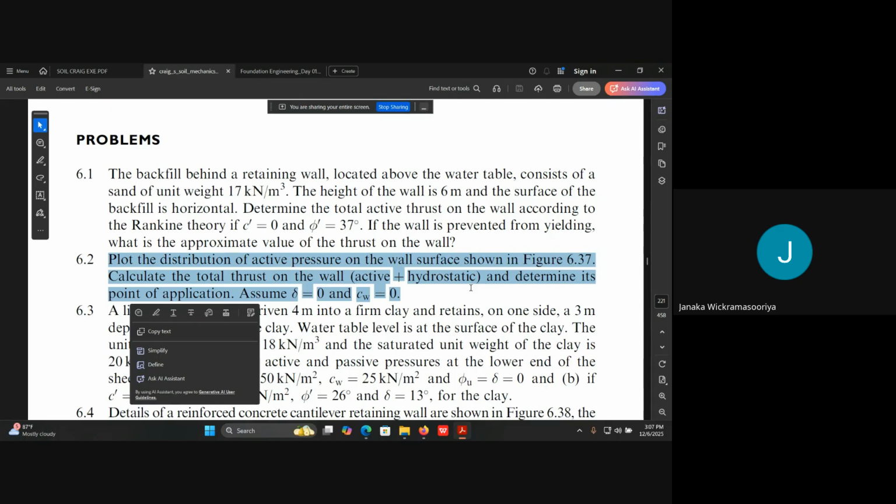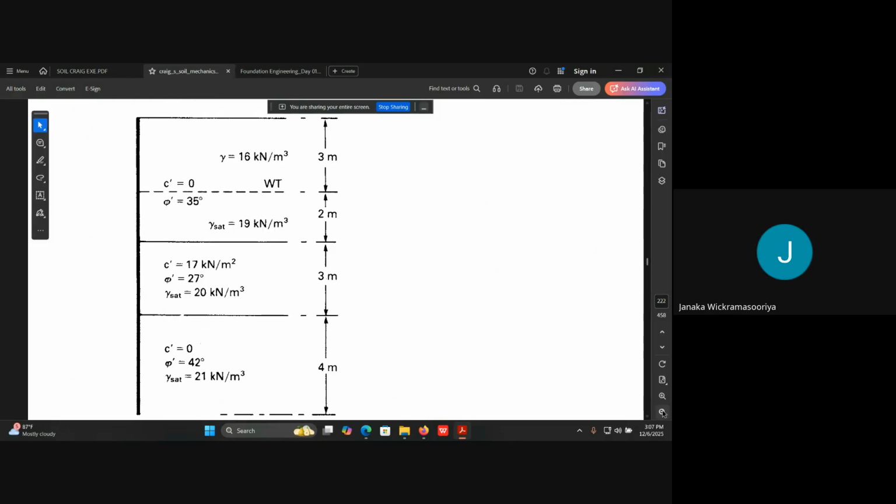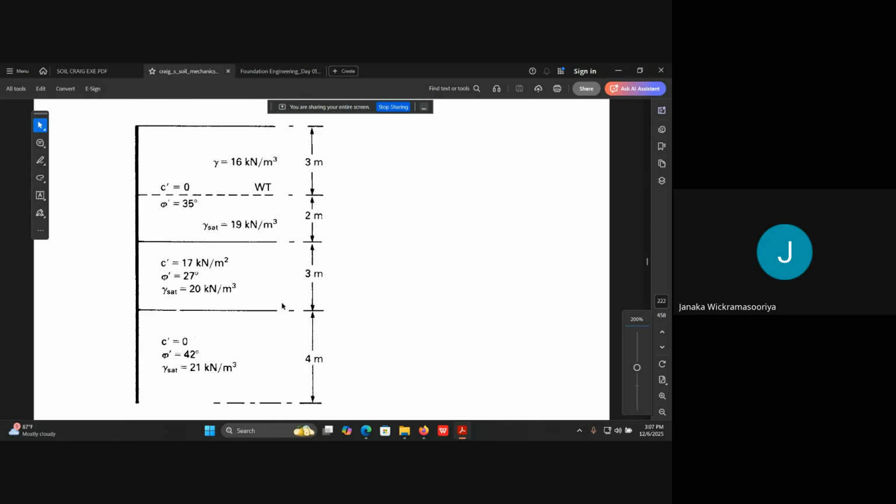And yes, first we will draw the figure 6.37. Yes, this would be the figure. Yes, okay, this is the figure.